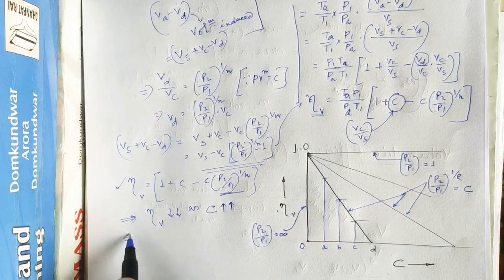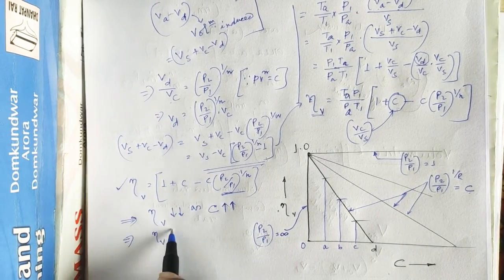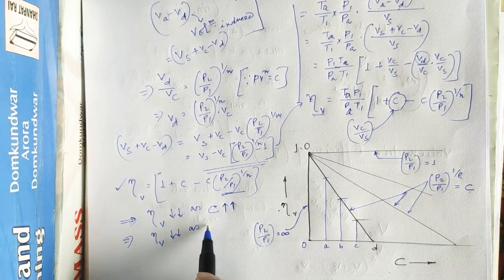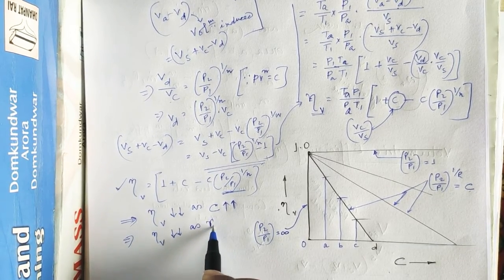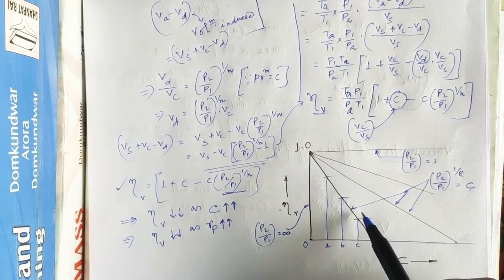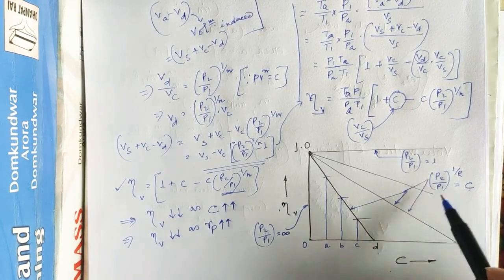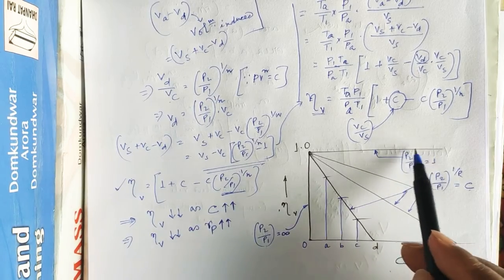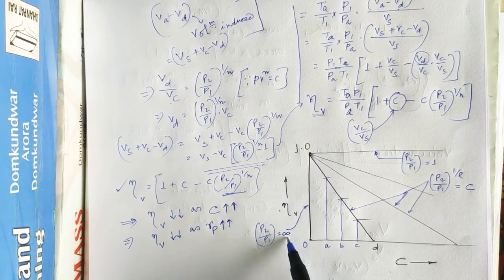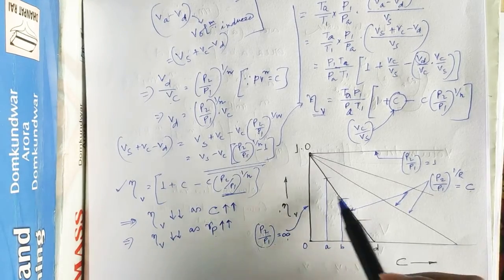Number two, the volumetric efficiency decreases as the pressure ratio Rp increases. Here the pressure ratio P2 by P1 equals 1, and in this direction it is increasing from 1 to infinity. So when the pressure ratio is increasing, volumetric efficiency will decrease.